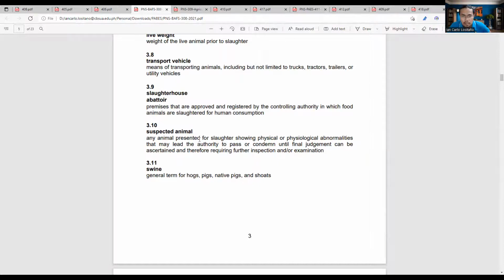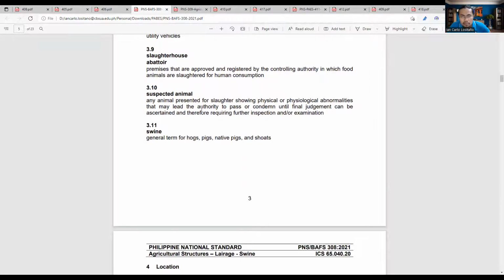Deputized meaning they are under the office of the city or the municipality, but given approval by the National Meat Inspection Service. Suspect animals presented for slaughter showing physical or physiological abnormalities may lead the authority to pass or condemn the animal.